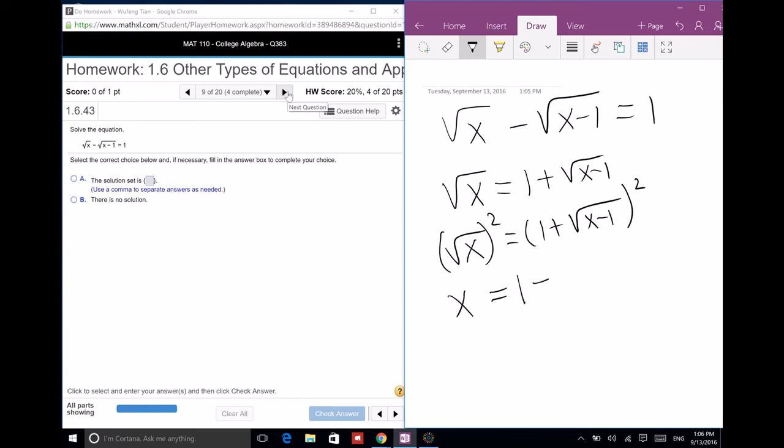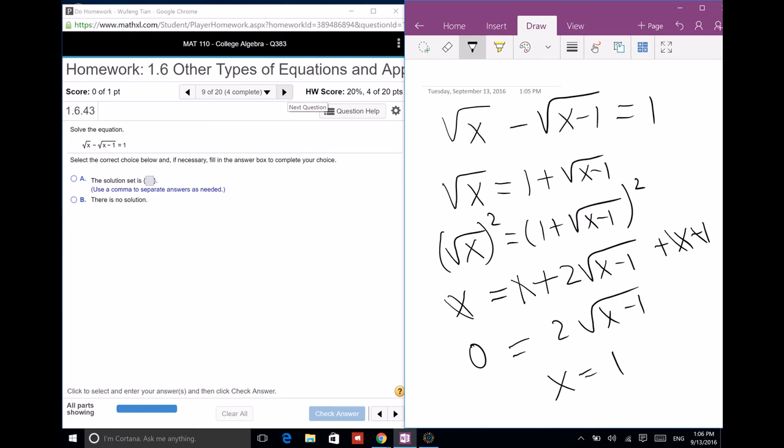You FOIL it out as 1 plus 2 square root of x minus 1 plus x minus 1. The 1 cancels out. Then x can go to the left side. Because on both sides we have x, you subtract x and it cancels out, leaving 2 square root of x minus 1. And you can solve: x equals 1.